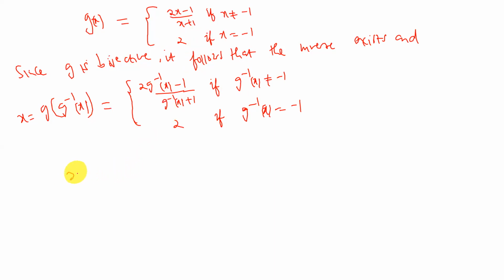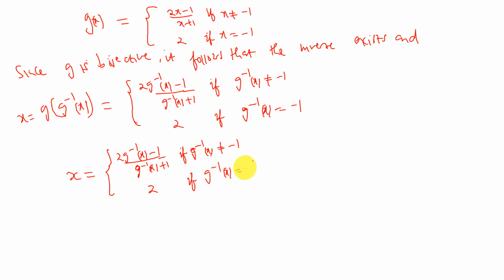And this is necessary because now it is telling us that x is 2 g inverse of x, which is not equal to -1, 2 if that. So it is g inverse of x.